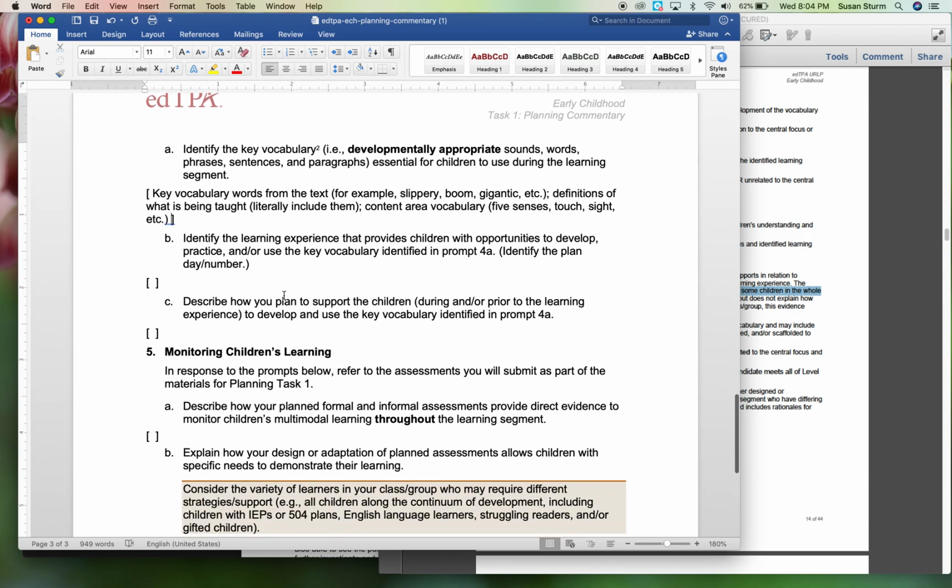And then part B is identify the learning experience that provides children with the opportunities to develop, practice, and use the key vocabulary. So this is talking about one moment in your lesson plan. So let's say you have a key moment where you get to really engage the children in some vocabulary work.